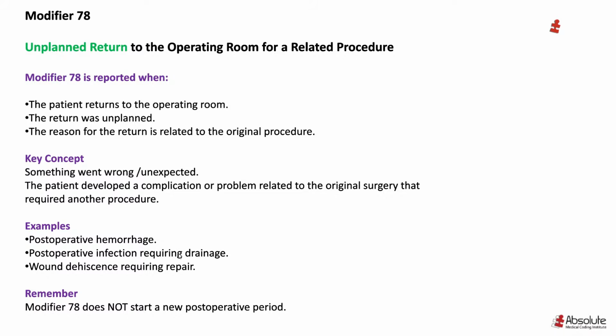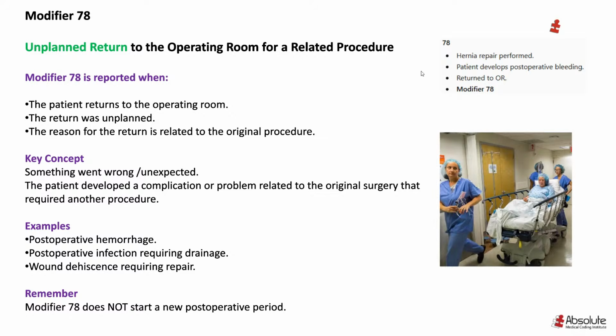Examples: postoperative hemorrhage, postoperative infection requiring drainage, wound dehiscence requiring repair. And remember this, modifier 78 does not start a new postoperative period. So 78, unplanned return to the OR.